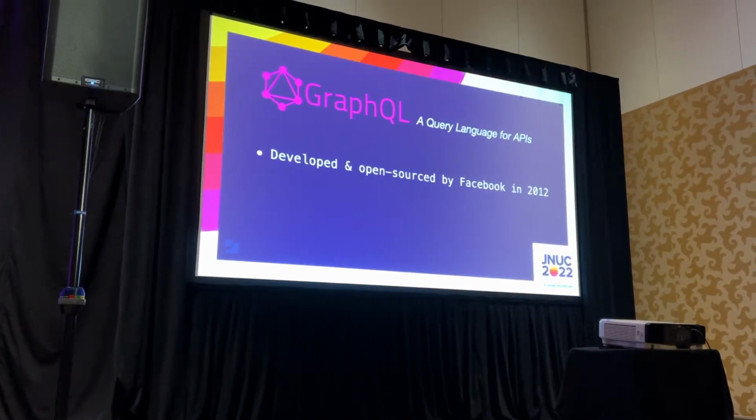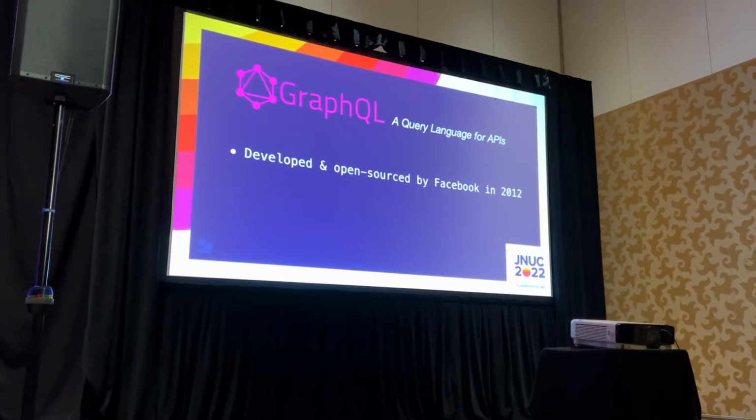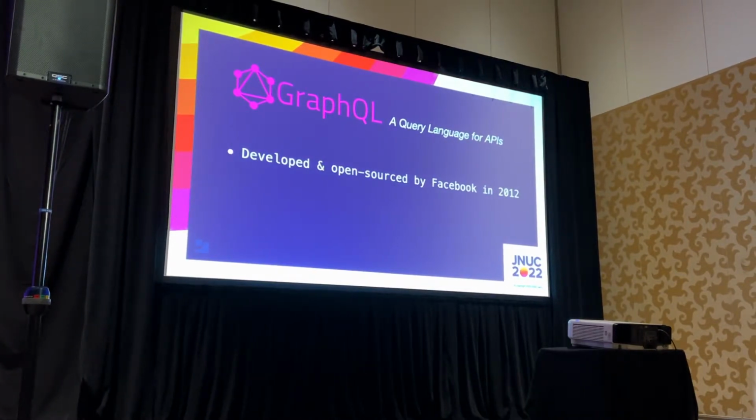That's why it's GraphQL, a query language. It was originally developed by Facebook in 2012, and it was subsequently open sourced. The structure of the data is declarative data fetching. We're going to see more about that when we look at the differences with REST.